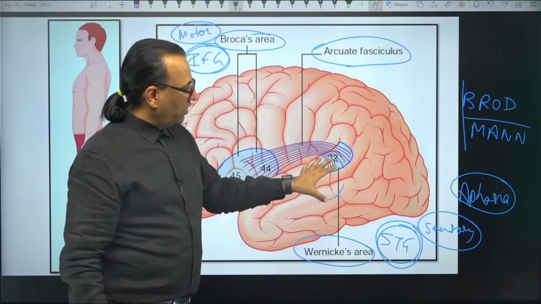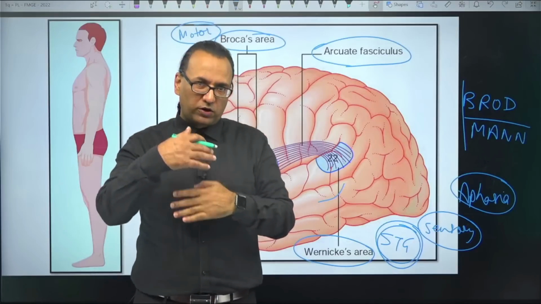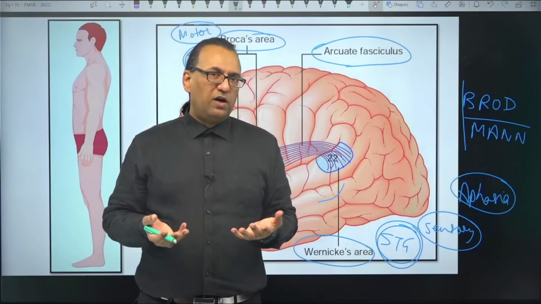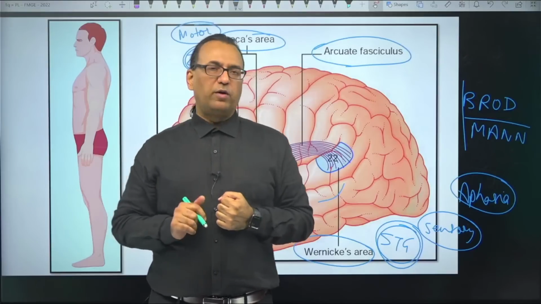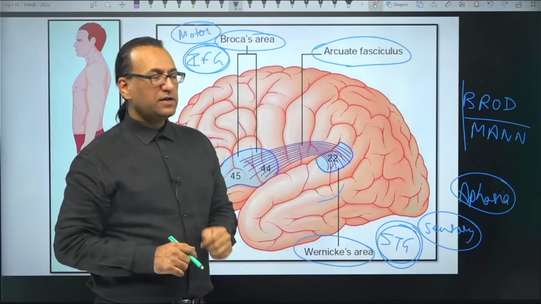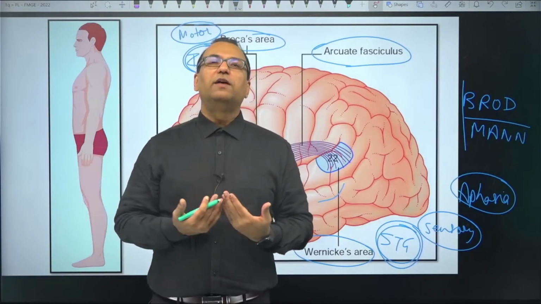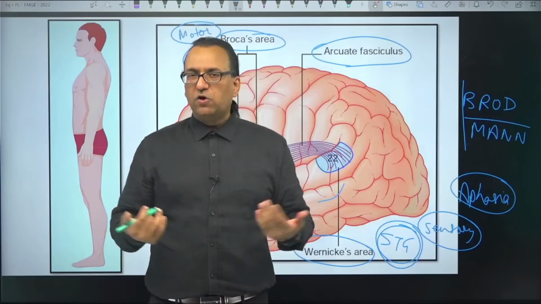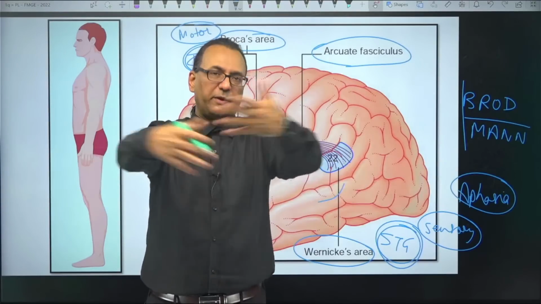Now, we understand that they speak nonsense because they don't understand what they are speaking about, but why do they speak non-stop? The problem is that they have loss of insight. And what is loss of insight? It means they don't know that something is wrong with themselves. They think that something is wrong with the people around them.